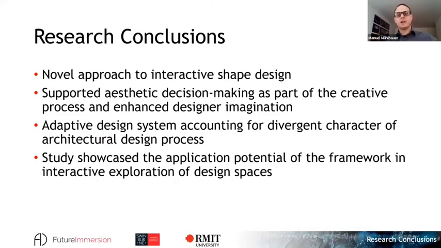The study showcased the application potential of the framework for interactive exploration of design spaces. We already heard about this topic throughout the session. In generative design, it is important to explore a design space, and often single design solutions are chosen and then cataloged.